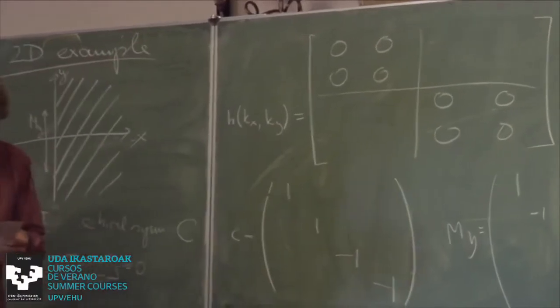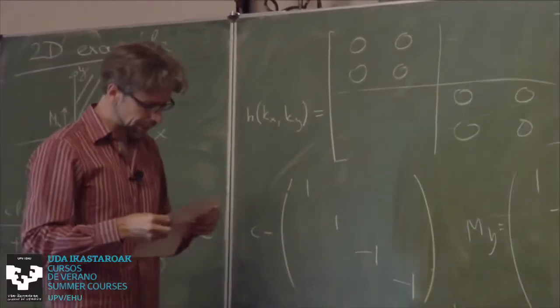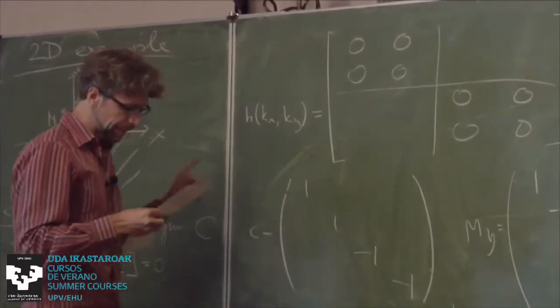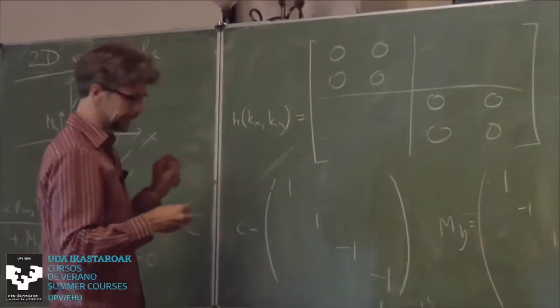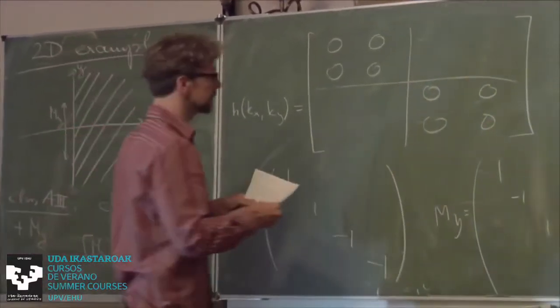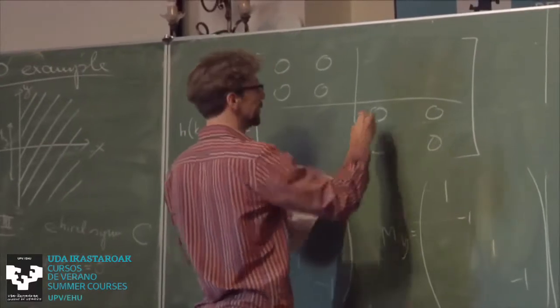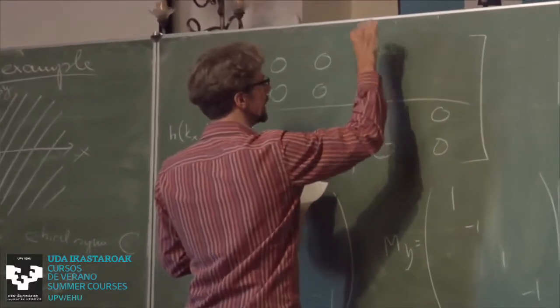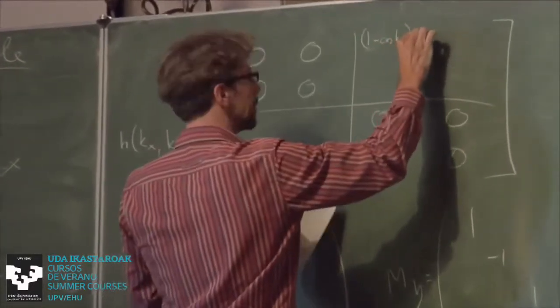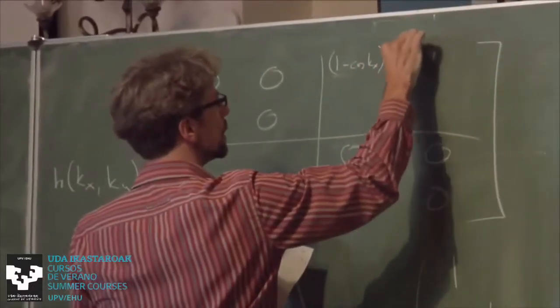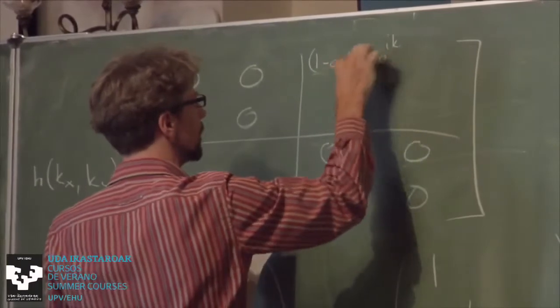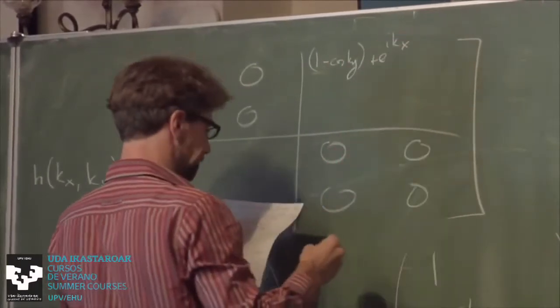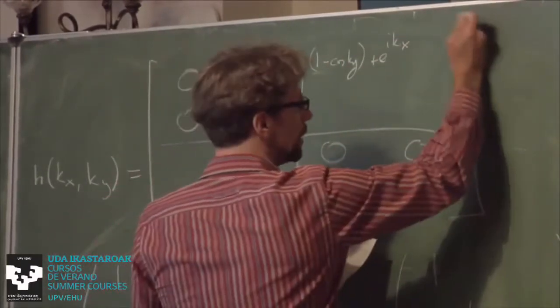What we're going to do is use this SSH chain, similar to how we constructed it in the Chern insulator. We're going to write 1 minus cosine kx plus e to the i ky. Sorry, I'll do ky here, kx here.